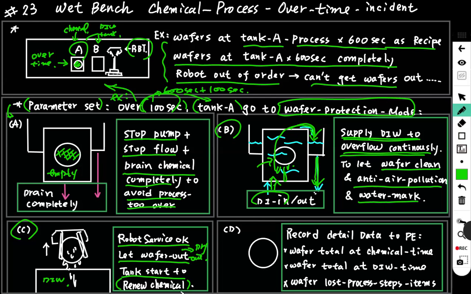The tank has to get new chemical from the renew chemical command. After the renew chemical step, the tank can continue processing. And the wafer is out.